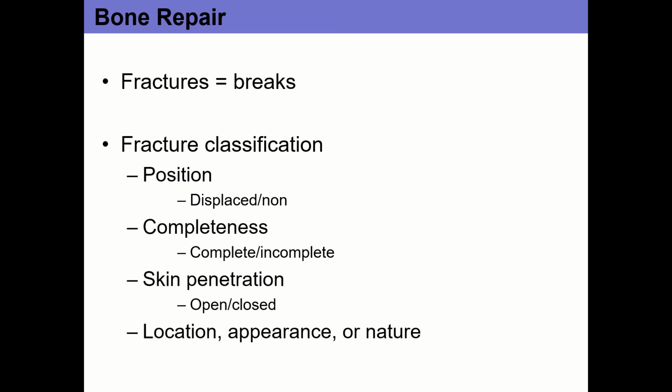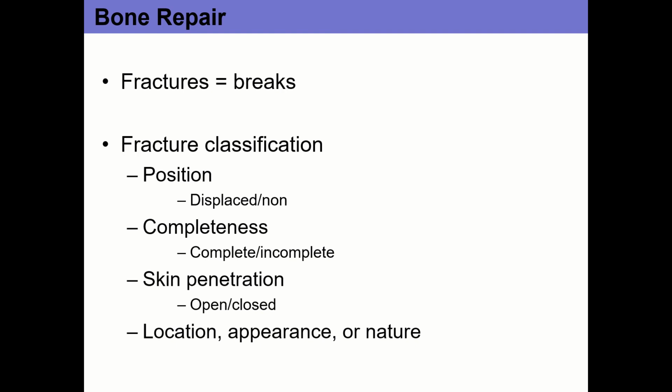In terms of fracture classification, we can classify them based on their position. Are the two bone ends lined up or not? If they're not lined up, that's a displaced fracture. Completeness: does it go all the way through the bone or not? If it's a complete fracture, it goes all the way through the bone. And then skin penetration: if it's an open wound, that means the bone actually went through the skin, and closed wound obviously did not.